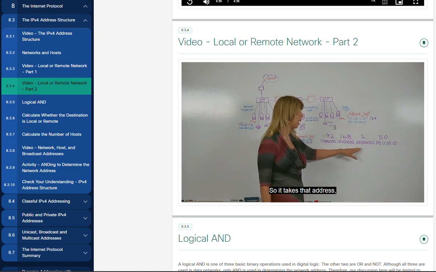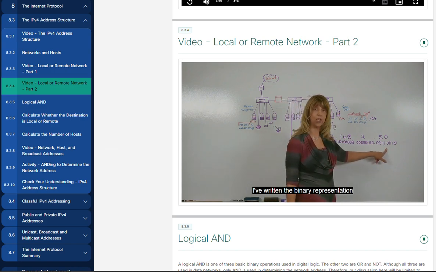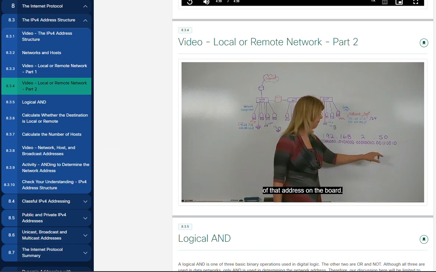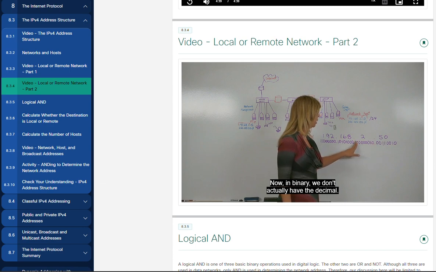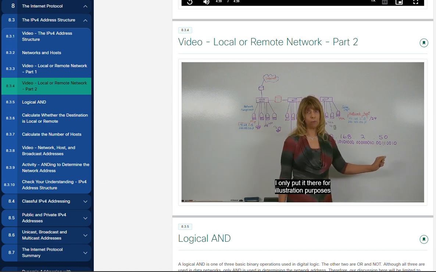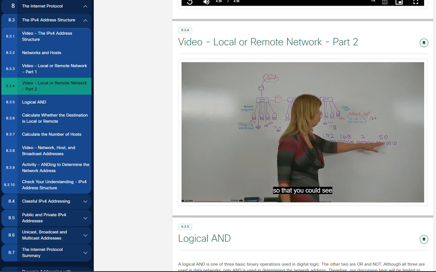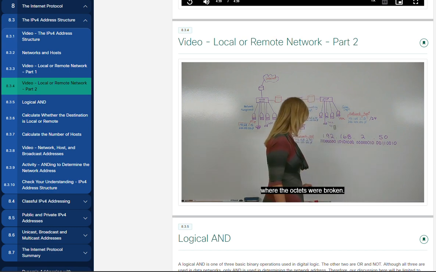So it takes that address, and as you can see here, I've written the binary representation of that address on the board. Now, in binary, we don't actually have the decimal. I only put it there for illustration purposes so that you could see where the octets were broken.